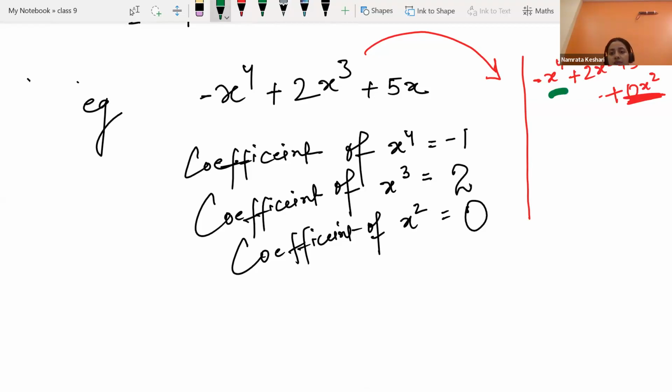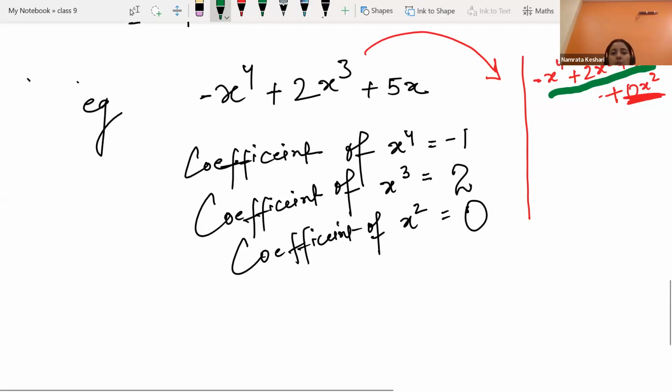Getting it? Yes, ma'am. Are you getting it, Naisha? On the basis of that, we are saying 0 is the coefficient of x square. And the quicker, easiest way is, if you cannot see the x square term in your polynomial, then you quickly write the coefficient as 0.